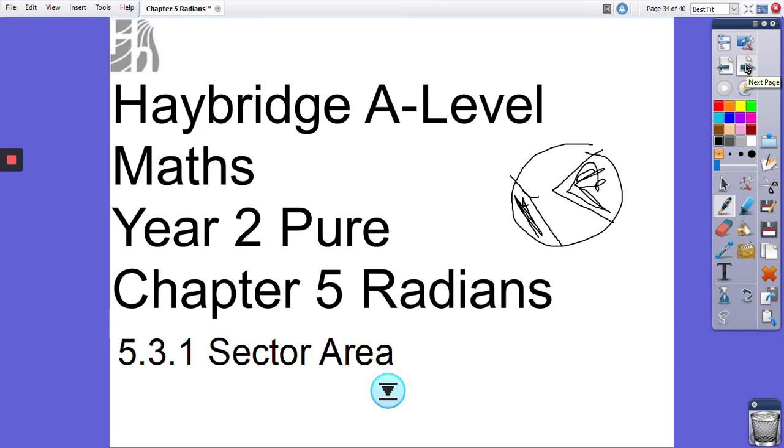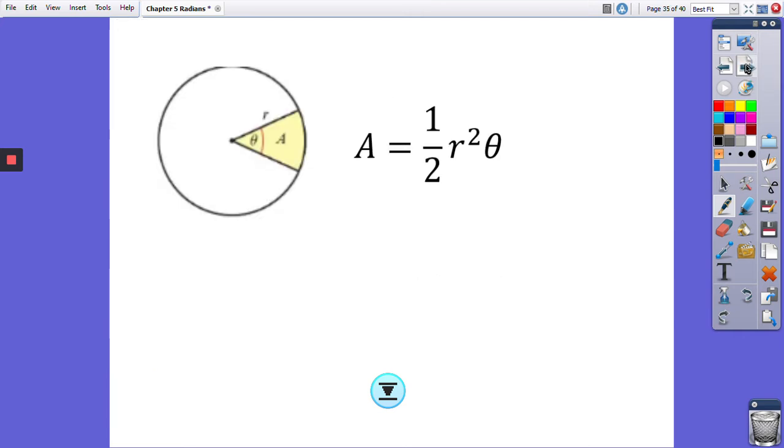When we're working in radians, the formula for the area of a sector is really straightforward. What you do is you take the radius, you square it, you multiply by the angle measured in radians, of course, and then you take half of that. And that will give you the area of the sector.